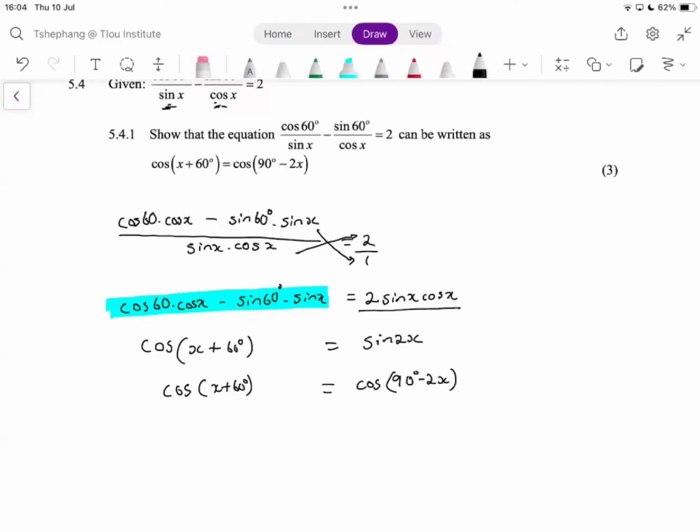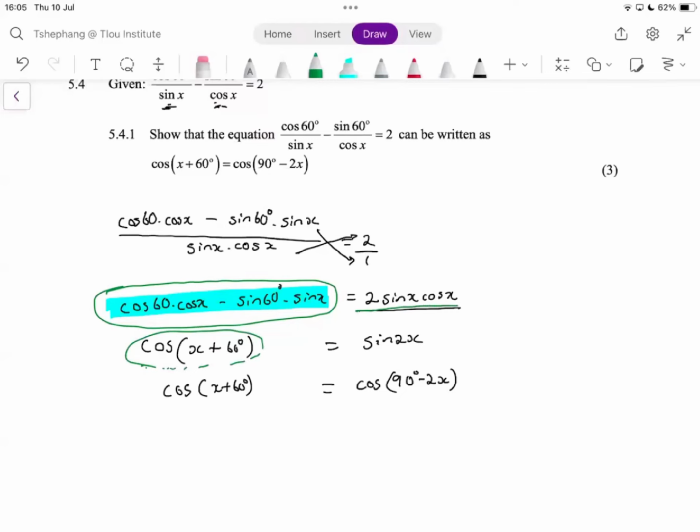So all we did, we checked what this is, looking at our formula sheet. This is the compound angle for cos. You're just going in the reverse direction now, from expansion to where you started. And then it'll give you cos of x plus 60.